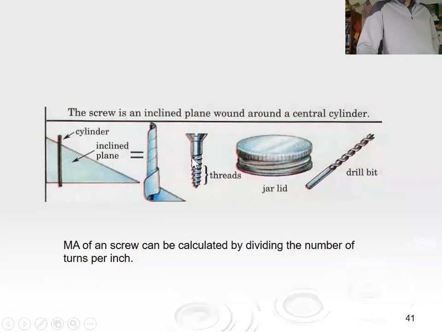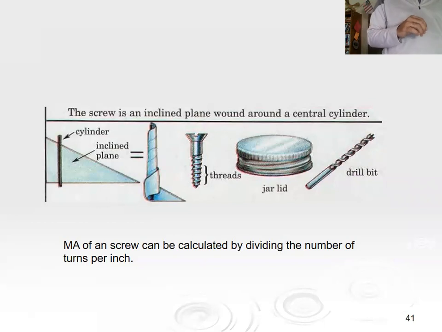So we all know that a normal screw is a screw. I mean, that's kind of common sense. A drill bit is a screw. We have an inclined plane, see the circles going around a post. Your soda cap lid would be a screw also, wouldn't it? Because that's how you get things to stay on. Are there any staircases that are a screw?